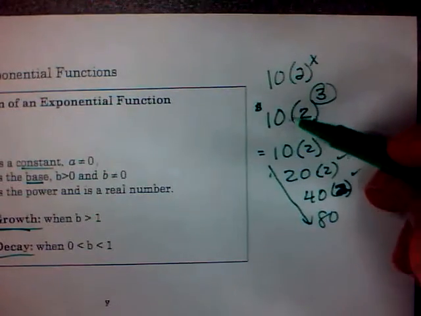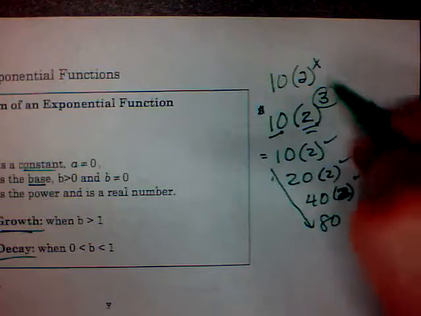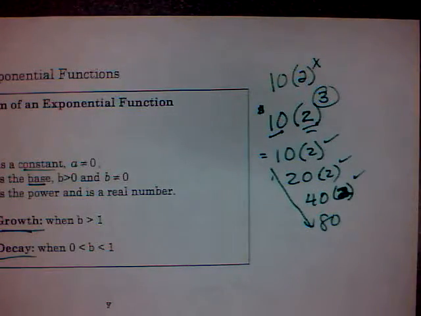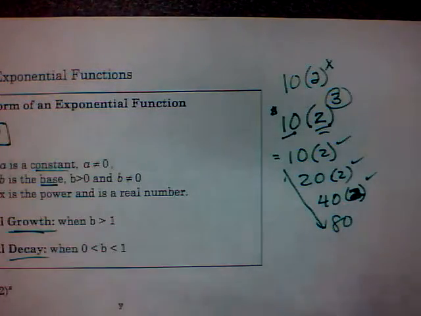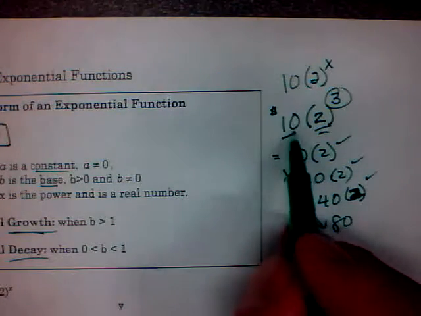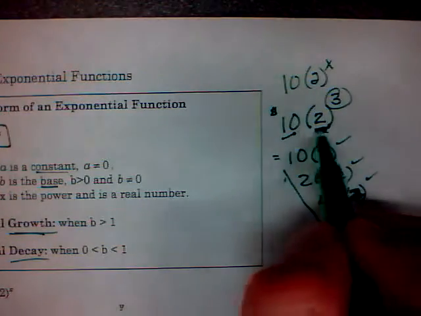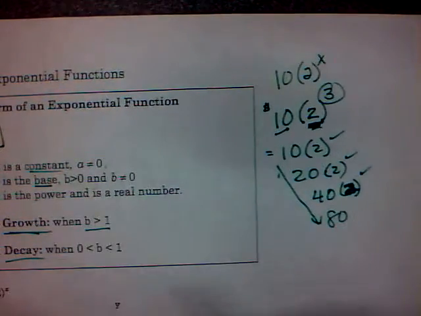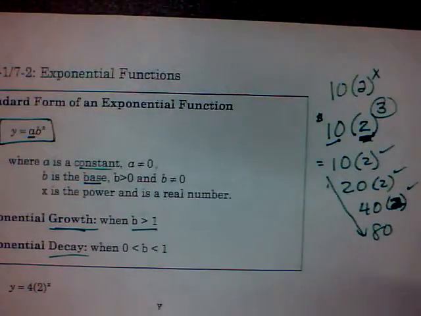You have an initial value that's multiplied by some value x number of times. So in order for the initial value to get larger, your base or your multiplier here needs to be greater than 1. If you multiply by 1, it's going to stay the same all the time.